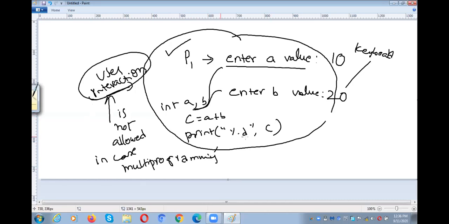Whereas in the case of multitasking, while running the program, or while executing the program, the user can give input to the program.